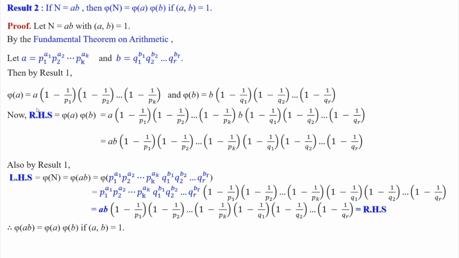Again, by the first result, that is the formula for phi of n, we have phi of n, which is phi of ab. ab is what? ab is this into this.